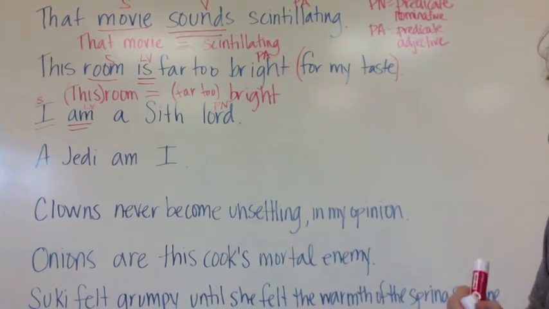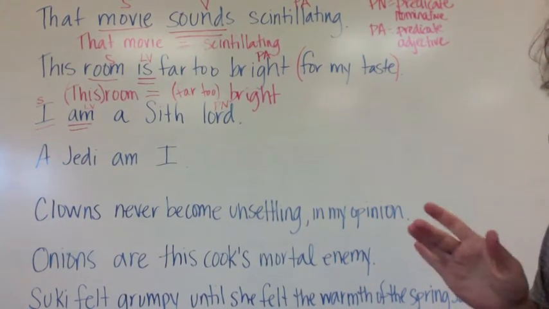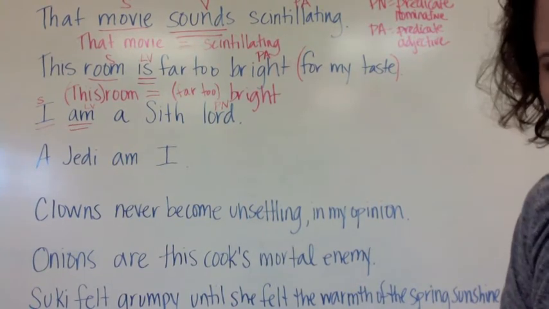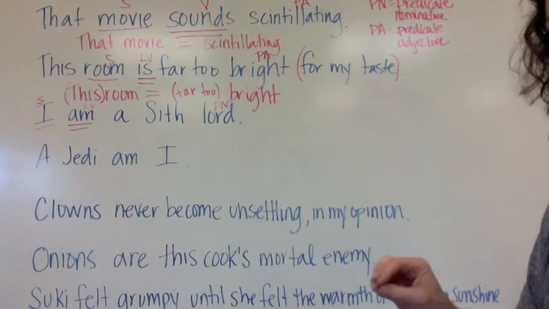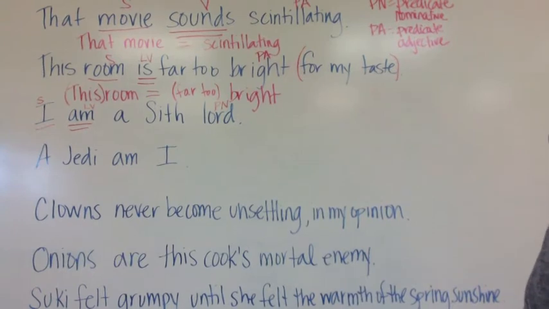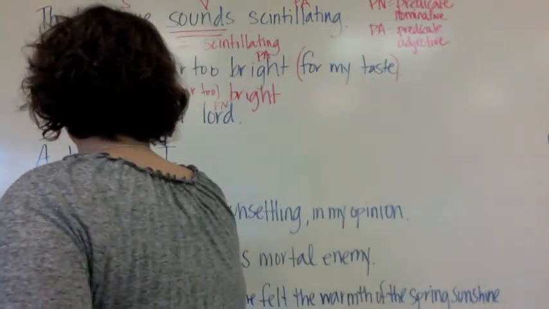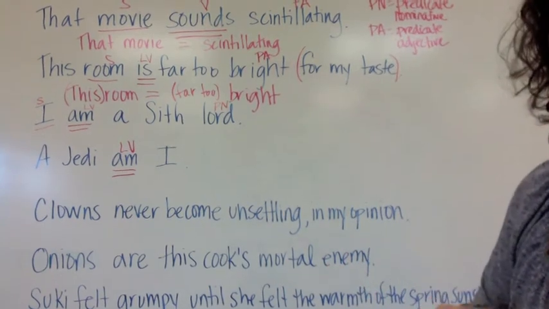All right, now this is not actually the sentence construction that Yoda is most likely to use himself, but I went ahead and adapted it just a little bit to prove a point. A Jedi I am, Yoda would probably say. Let's say a Jedi am I. So, what is the verb? It's am, just like the previous sentence. And it's the linking verb. What is the subject?